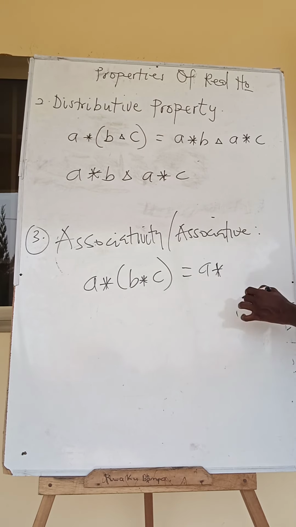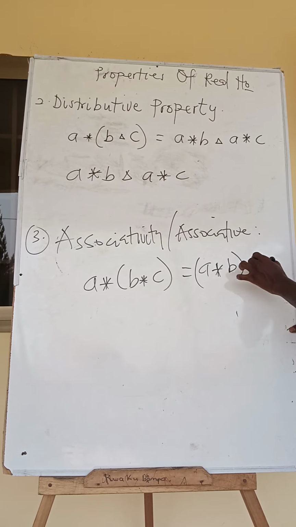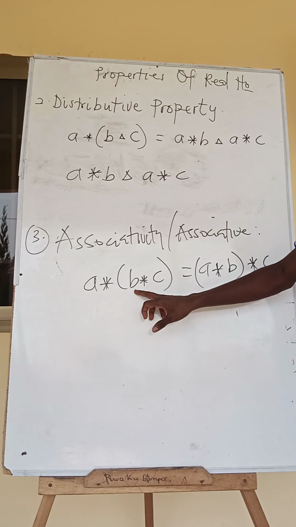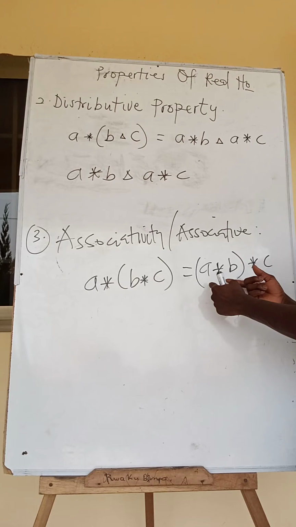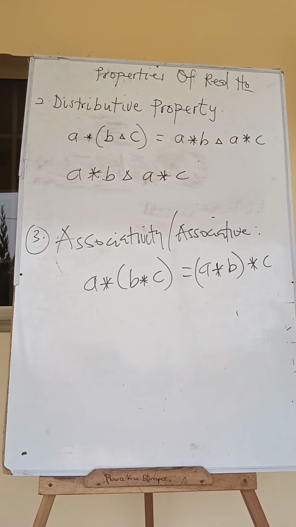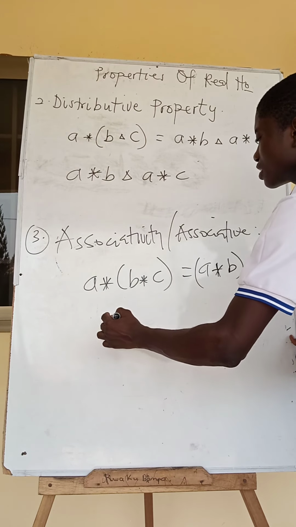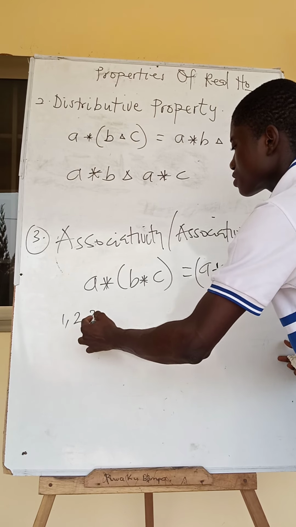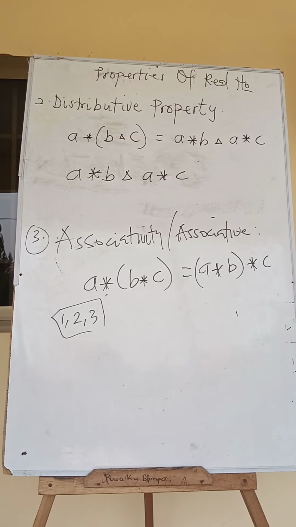A star, B star C. Look at something. Here, A star, then we are putting B and C in brackets. But here we are just putting a bracket for A and B, then we are leaving the C. So let's test something. Let's use 1, 2, and 3 to see whether they are correct. So we are going to use 1, 2, and 3. Let's try this, to see whether this is associative under the star. Right?